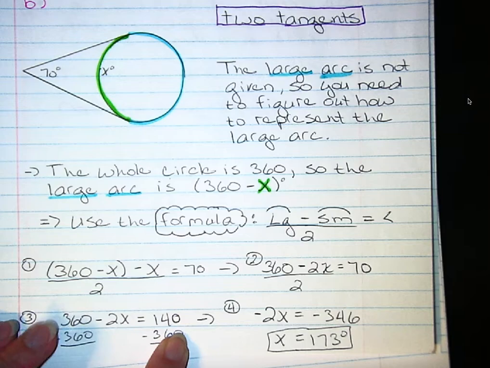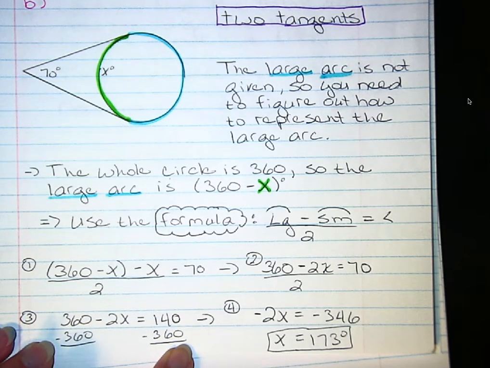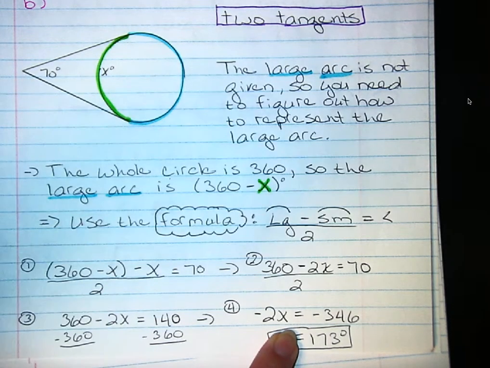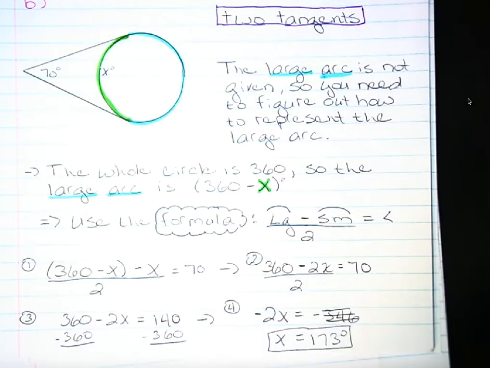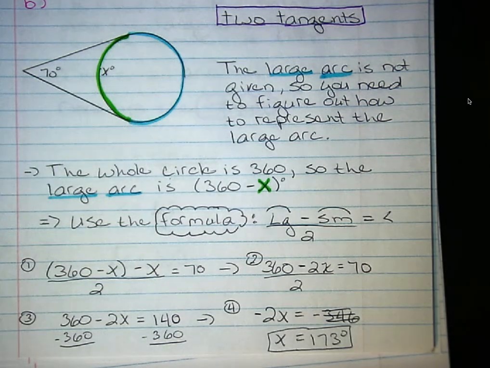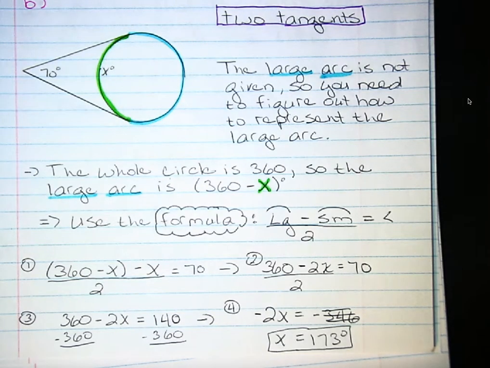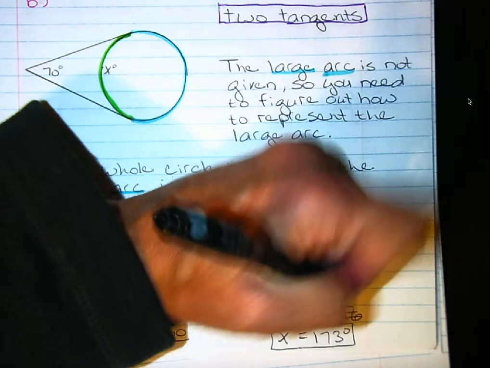And then the last thing I'm going to do is I'm going to subtract 360, and that actually does not end up being that. That ends up being 140 minus 360 ends up being negative 220.